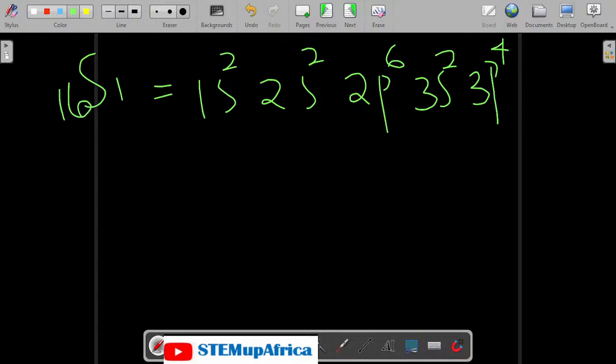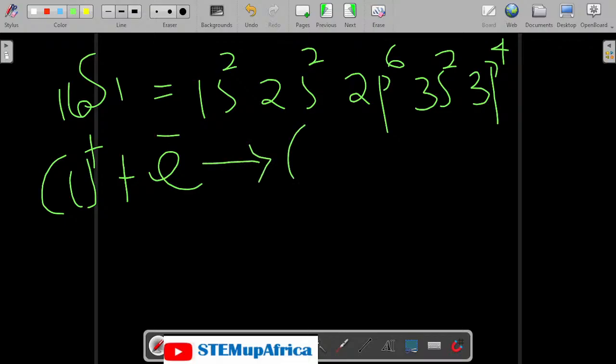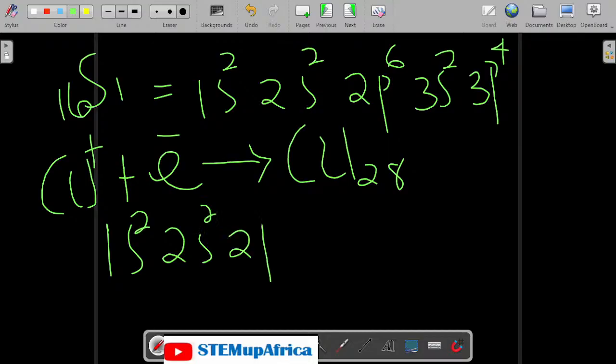Therefore, the copper is Cu+. That means it will lose an electron. Instead of 29, we are now dealing with 28, because it lost an electron. So I will write the electronic configuration based on 28, not 29. That means I'm having 1s2, 2s2, 2p6, 3s2, 3p6.